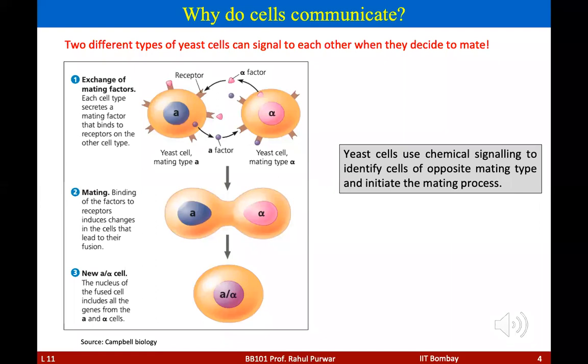So, exchange of mating factors. Here is a yeast cell mating type A, and here another is yeast cell mating type alpha. Okay, and here they are now mating. So each cell type secretes a mating factor, and that mating factor binds to the receptor on the other cell type.